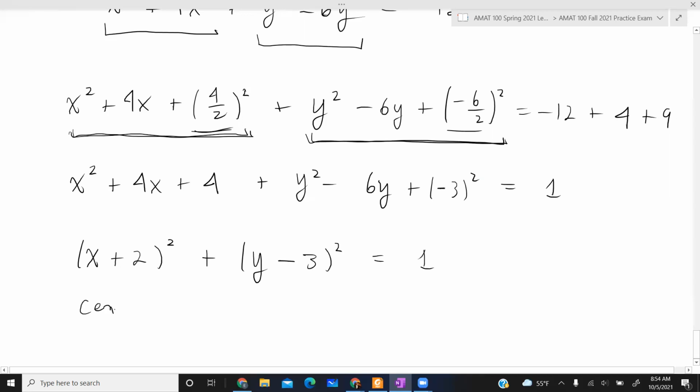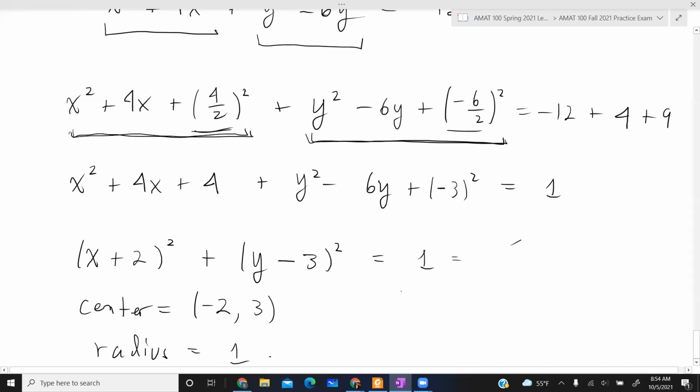So the center is equal to (-2, 3), and the radius is equal to... Remember, the equation of the circle has r squared on the right. If r squared is 1, then r itself is 1, so we don't have to worry about that.